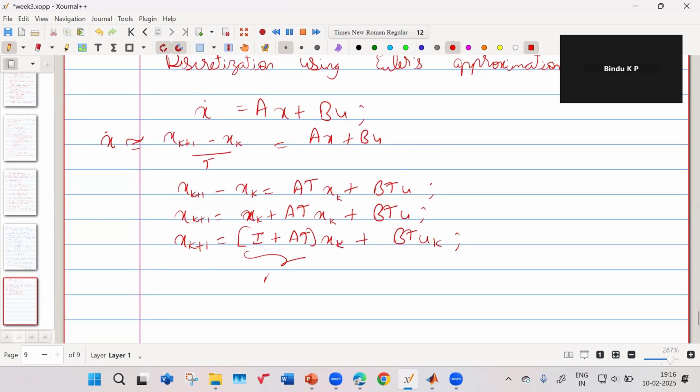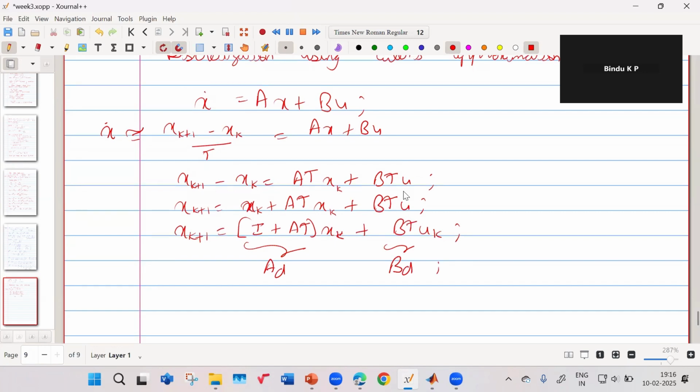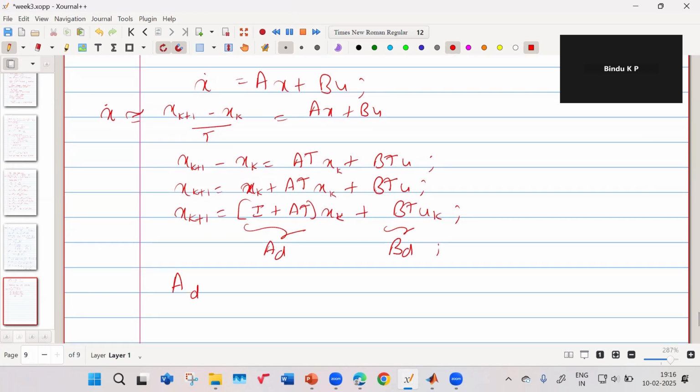So this is our discretized matrices. Using Euler's approximation, we can write the discretized A matrix, A_D, as I plus AT, and B_D is equal to B into T. So this is quite a simple one, and this is something you can calculate analytically as well.